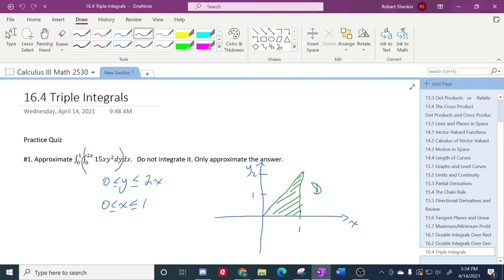And the surface is 15xy squared. And since we're in the first quadrant here, we're going to be entirely within the first octant, and we're above the xy plane the whole time, or on the xy plane.